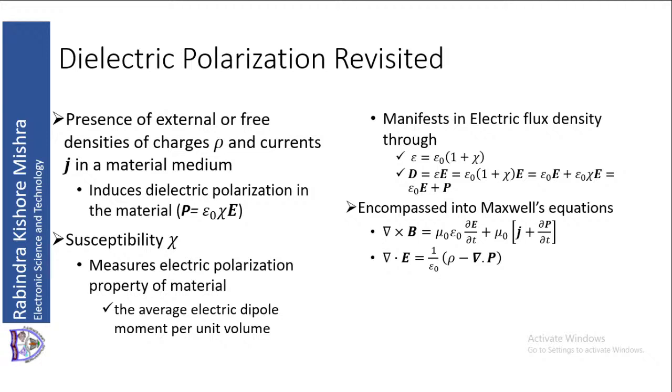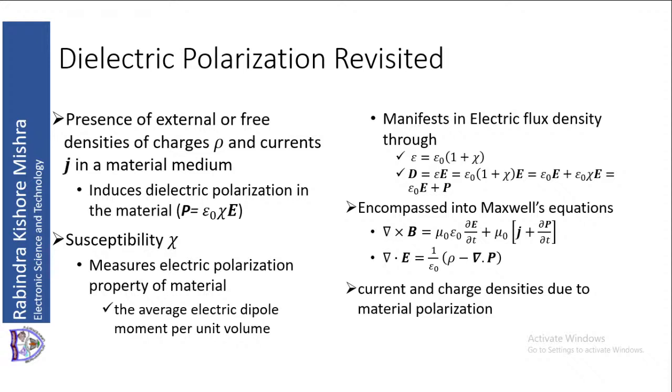If I rearrange that algebraically, I will get divergence of E is equal to 1 by epsilon 0 into rho minus divergence of P. So these two are in Maxwell's equations. This is incorporating the dielectric polarization into Maxwell's equations. Capital P we have already seen in the previous slide: capital P is equal to small p delta R.